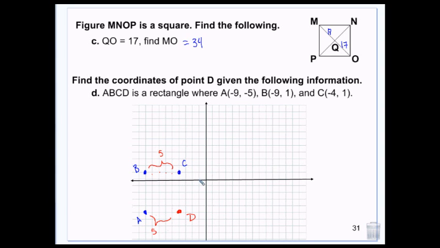And then I find it 1, 2, 3, 4. So it's 4. 1, 2, 3, 4, 5. Negative 5. So D is 4, negative 5. That's what I meant. I was just trying to see if you guys were paying attention. Yes, it would be negative 4.